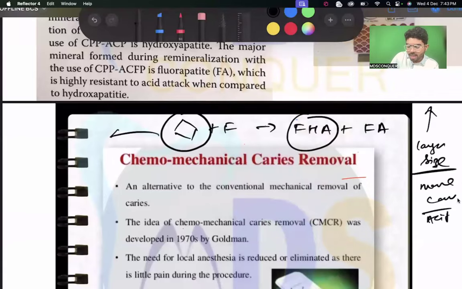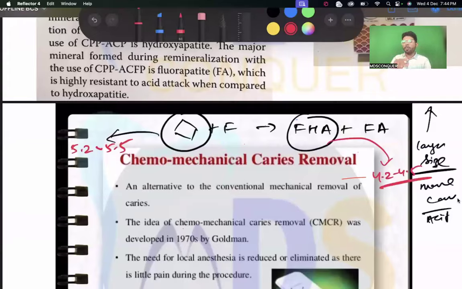Normally, what is the critical pH of normal hydroxyapatite? The critical pH of normal hydroxyapatite, as we have discussed, is 5.2 to 5.5. The critical pH of fluorohydroxyapatite is 4.2 to 4.5, meaning the salivary pH has to hit 4.2 to 4.5 before dissolution starts if a hydroxyapatite is treated with fluoride.